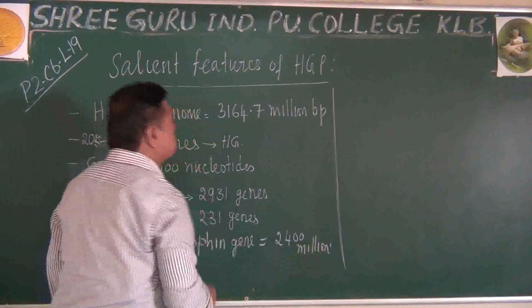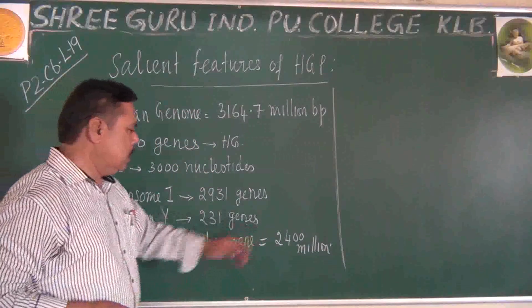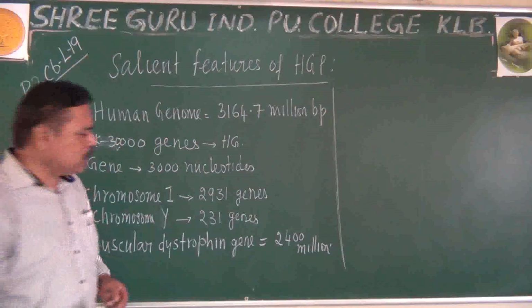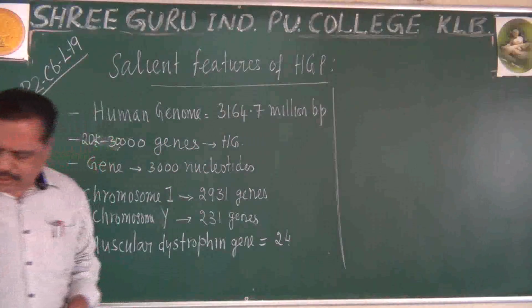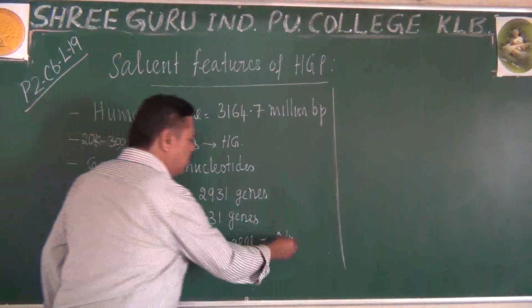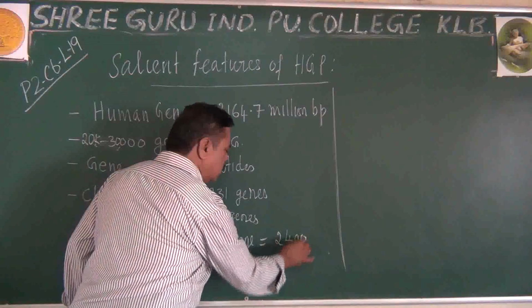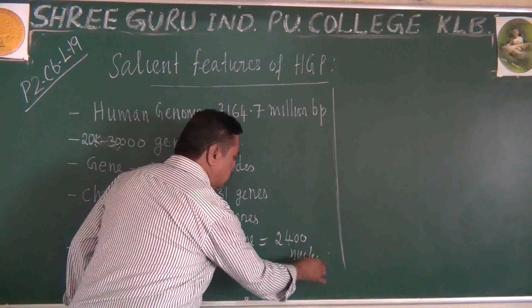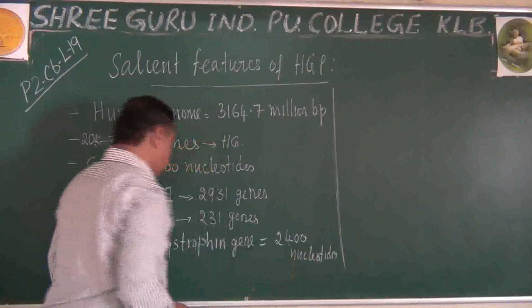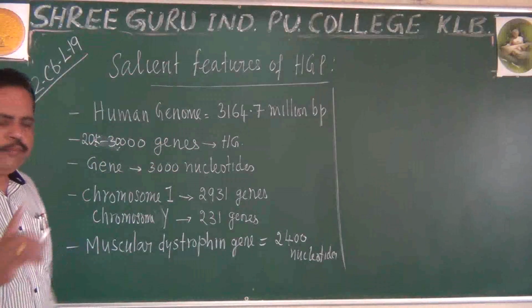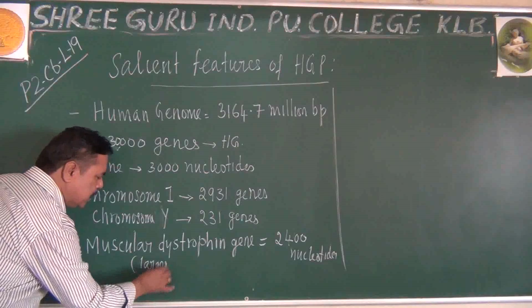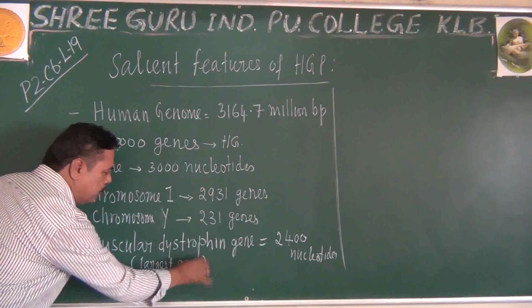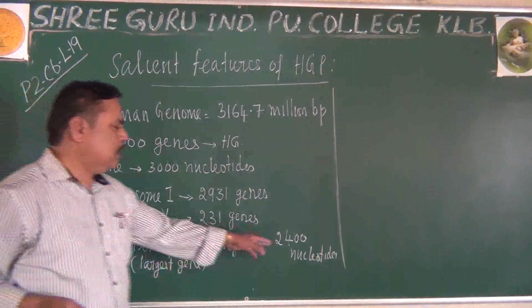So many millions of nucleotides, I'm sorry, this number you have to check, I don't remember exactly. More than 2,000 nucleotides are present in this muscular dystrophin gene. So the muscular dystrophin gene is the largest gene present in our body. Please check that number in your textbook.